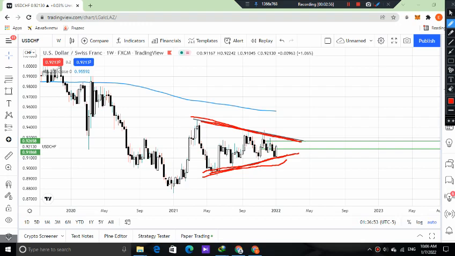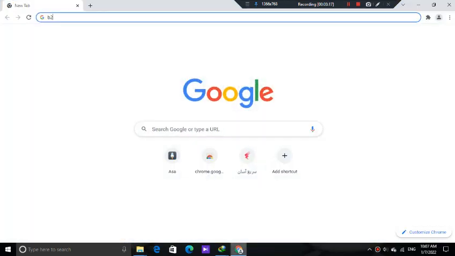You have this force from both sides, both bulls and bears. They push the price in the opposite direction, as you can see, and so we have this triangle.